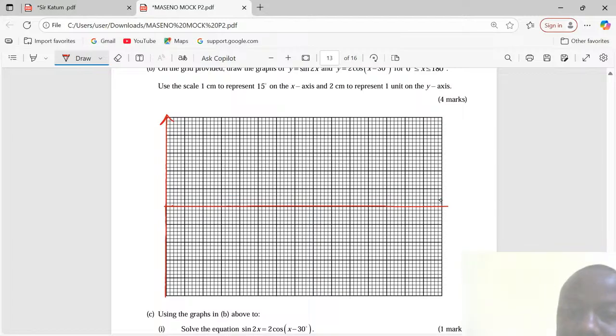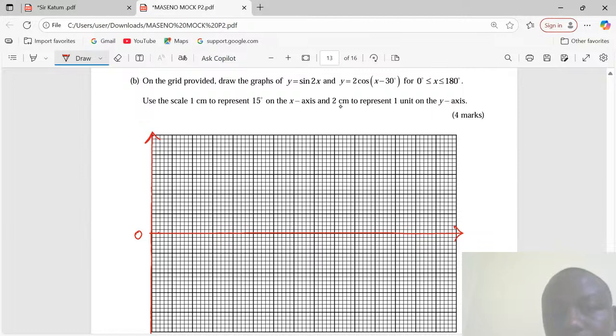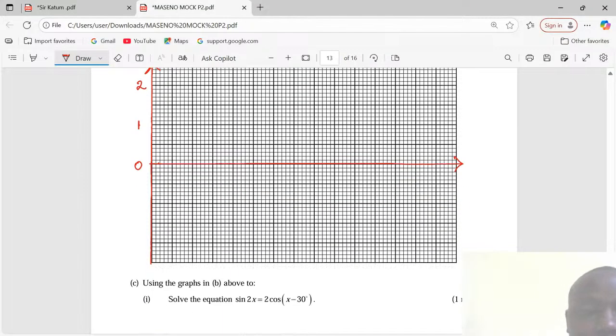x-axis, y-axis. So we start with 0. For the y-axis, we've been told 2 centimeters to represent 1 unit. So we'll have 1 here, then 2 there. And on the lower side, negative 1, according to the instructions, negative 2.